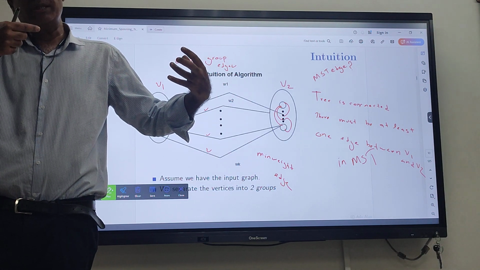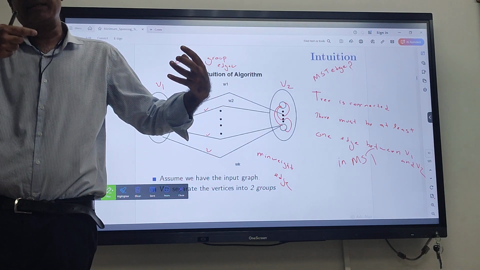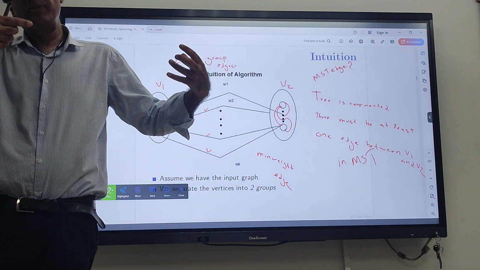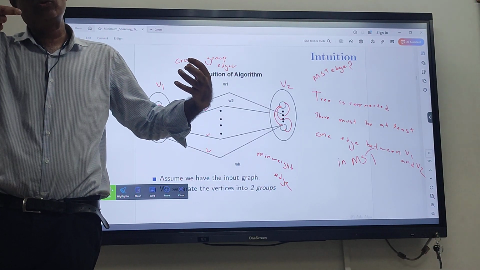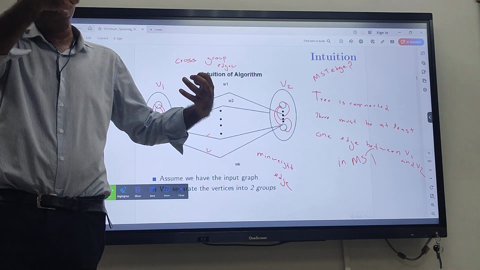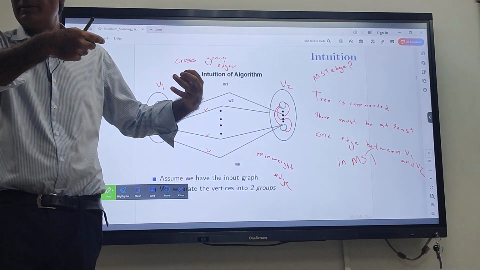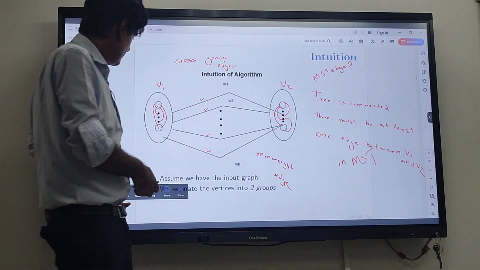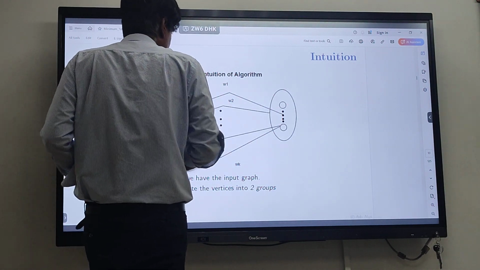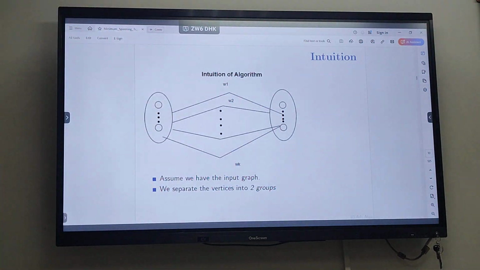Since we want a minimum weight spanning tree, obviously the edge that we need to select is the edge that will have the minimum weight.